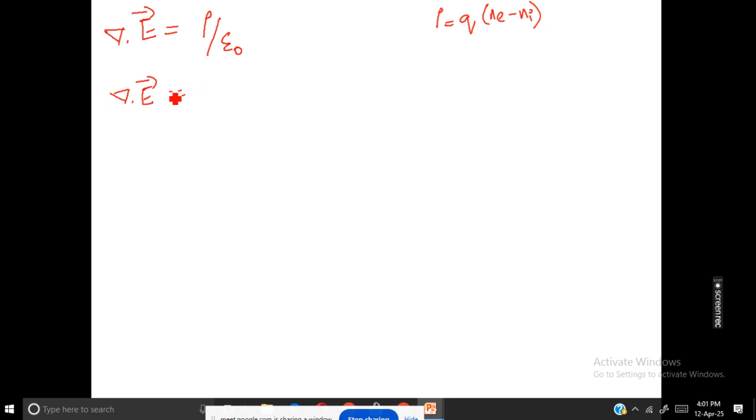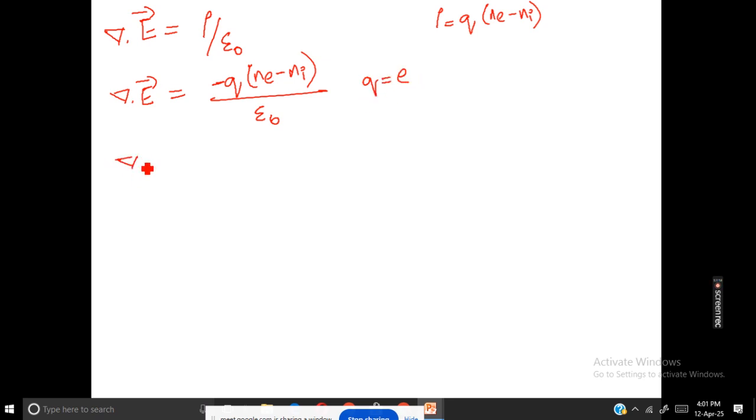So del dot E can be written as, since Ne is negative, minus Q into Ne minus Ni by epsilon 0. And Q was basically the charge of the electron.